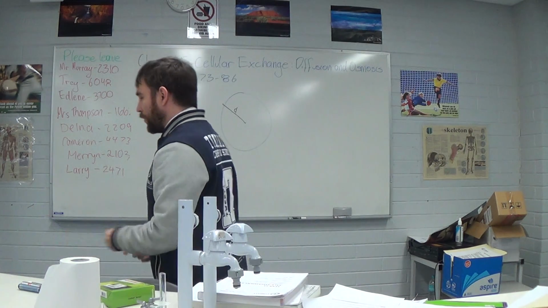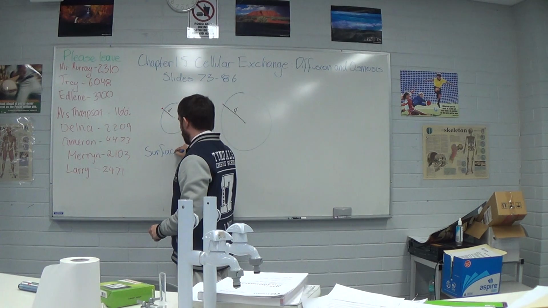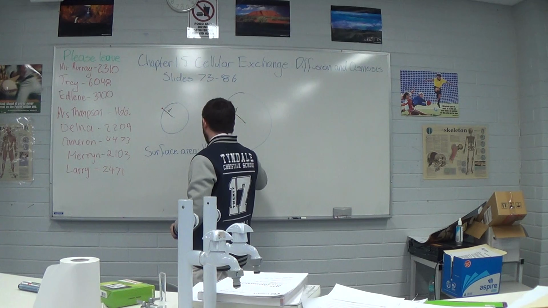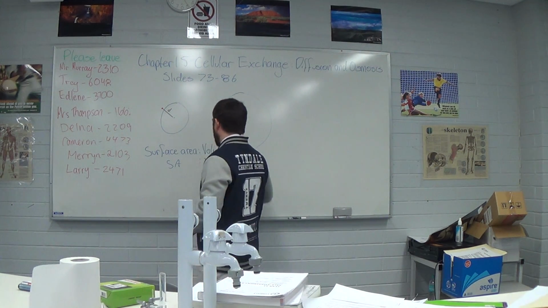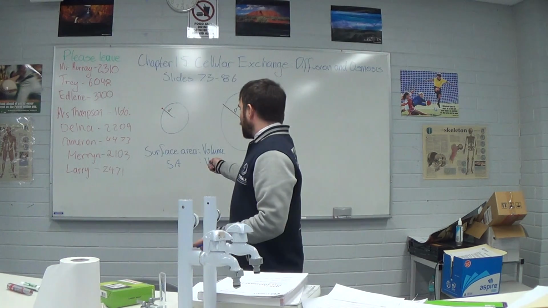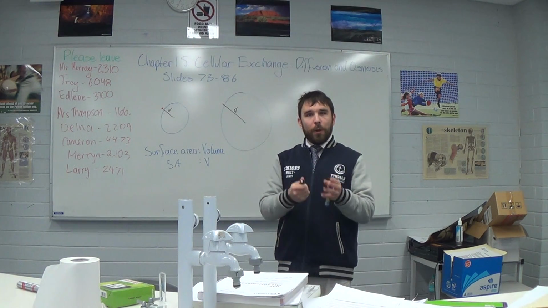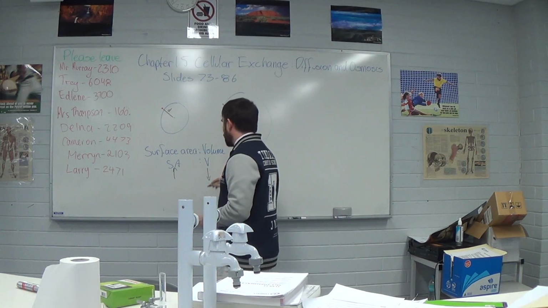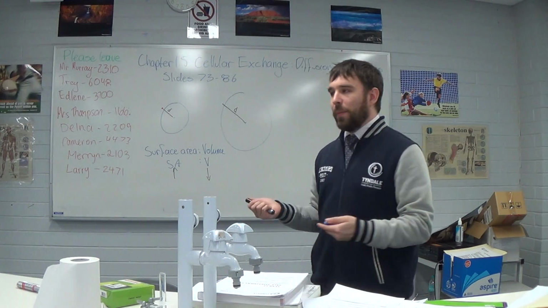And this is related to the surface area to volume ratio, or we shorthand that to SAV, where what we're after is a high surface area to volume ratio. We want more surface area per unit of volume. So this needs to be high, while this is kept as low as possible. And smaller cells are able to do this.